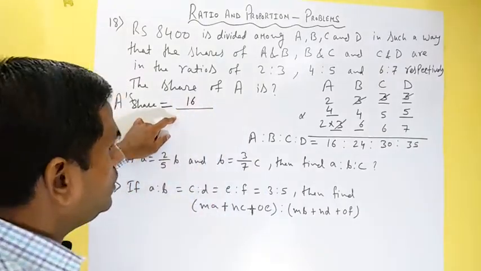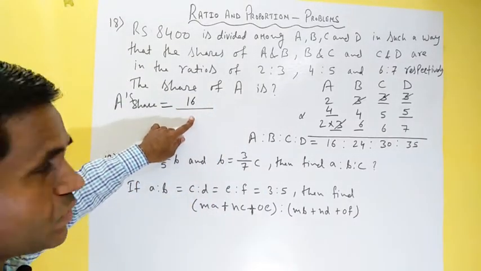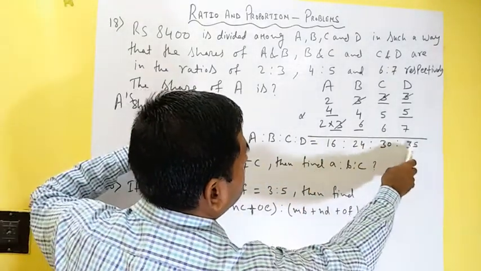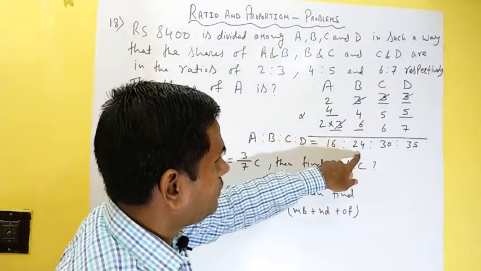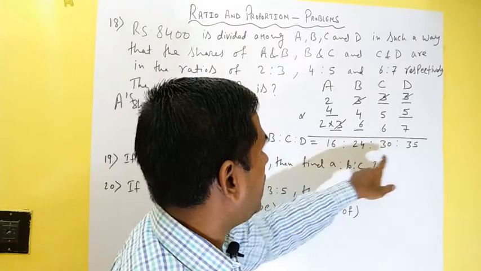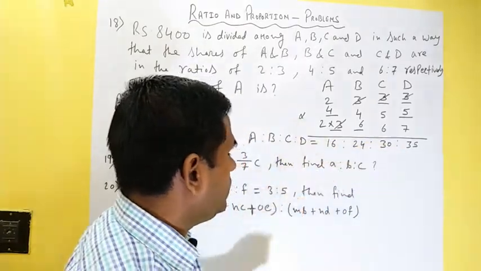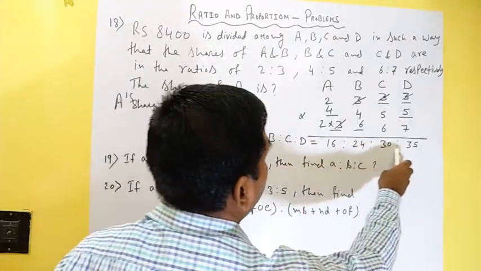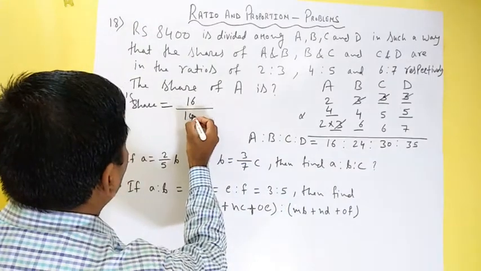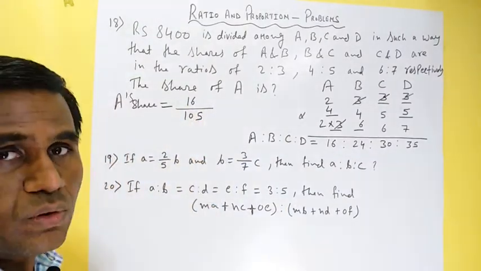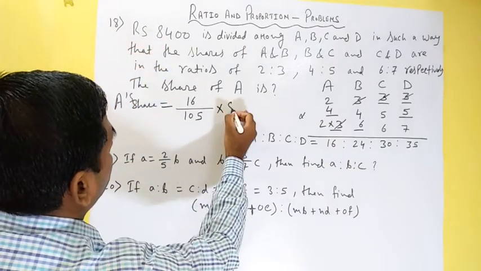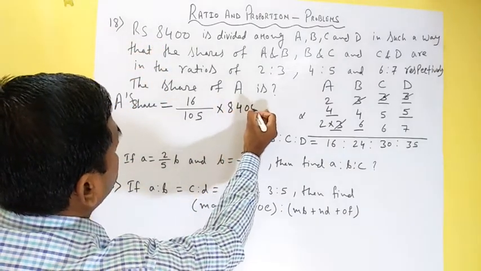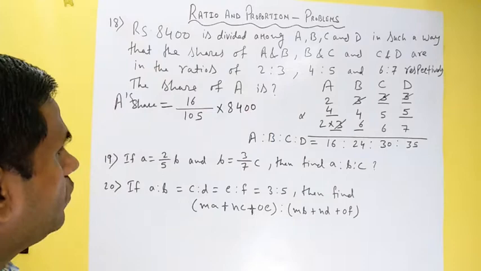So 16 upon the sum of these ratios in total. 16 plus 24 plus 30 plus 35, if we add, this will give 105. So we will write here 105, multiplied by the total money which is to be divided, 8,400.